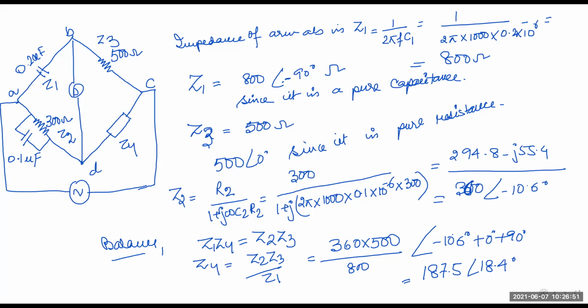See, the positive angle for impedance indicates that the branch consists of a series RL circuit. Okay, so resistance R4 we can write as what? 187.5, and cos how much we can take? 18.4 we have.